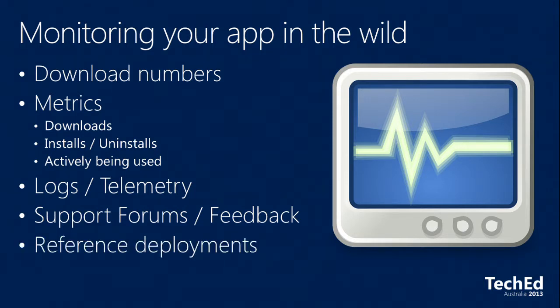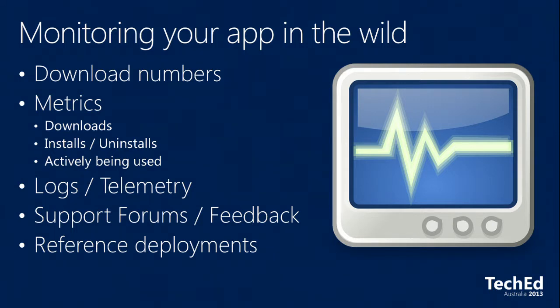And the final thing that people possibly don't think about is maintaining reference deployments. What I mean by reference deployments is when your app is out there in the wild, people have different environments. They have SharePoint that's patched with April CU. They have Office 365 that's in, say, the Brazilian data center. These can have different patch structures.